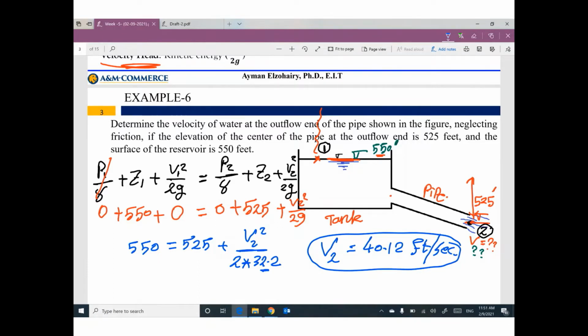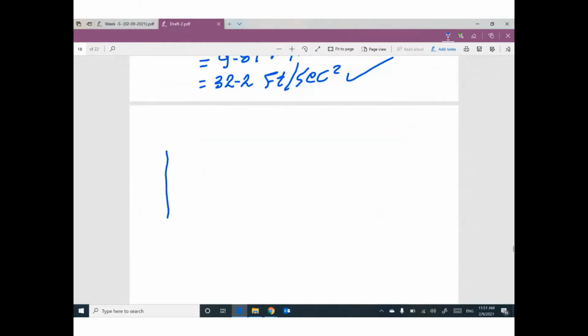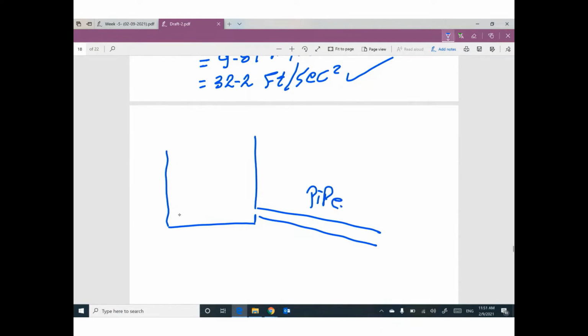Any question? Do you have any question so far? It's very easy. Just keep in mind, we have a tank. This tank is connected by a pipe. So this water will flow through this pipe, so we have outflow.